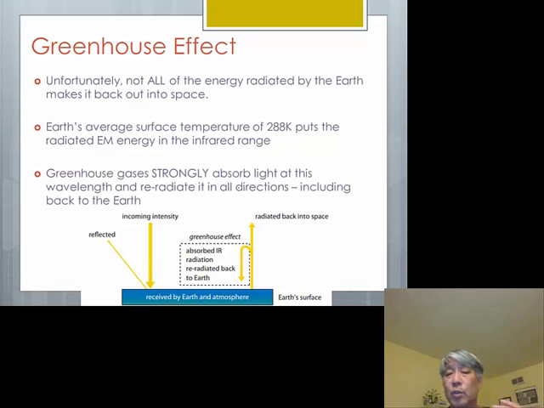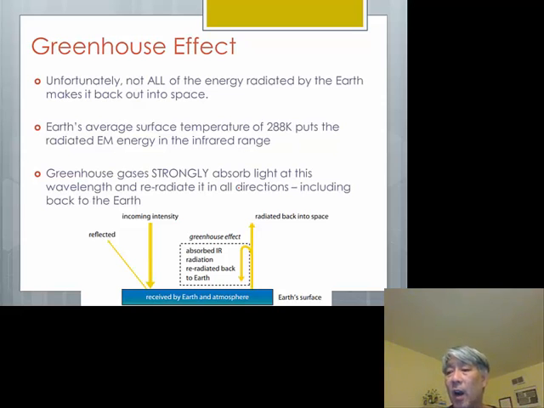Half of those directions are pretty much back into space, half back to Earth. The more greenhouse gases I have, the more of that radiated energy is absorbed and reflected back to the Earth.